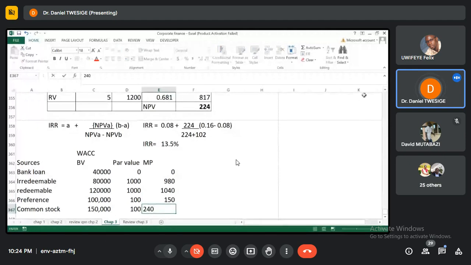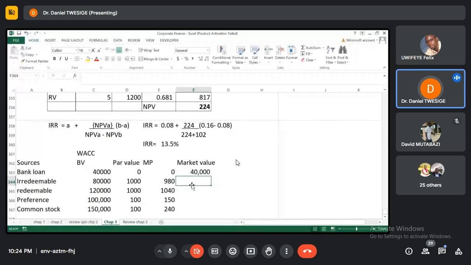This one is selling at 240. So what is going to be my market value? This one, the bank loan, remains the same.